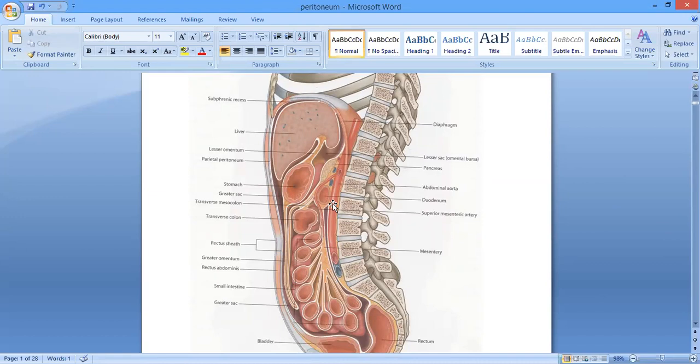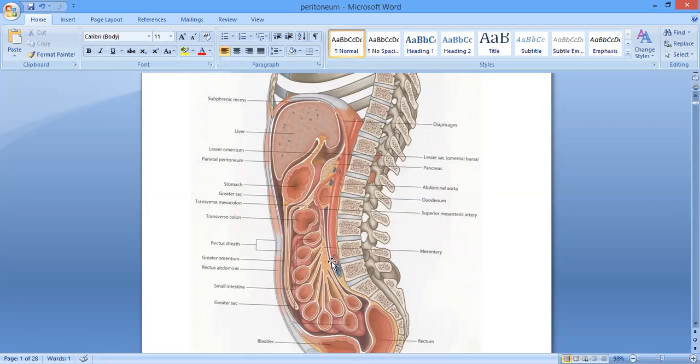So it is defined as the large, thin serous membrane that lines the walls of the abdominal cavity, then the walls of the pelvic cavity here, right?